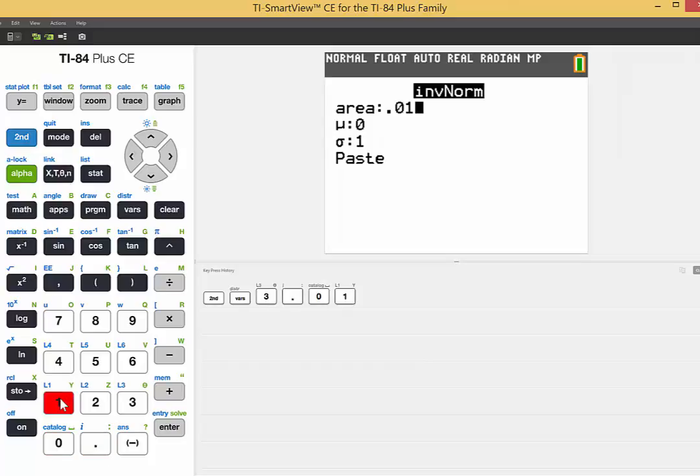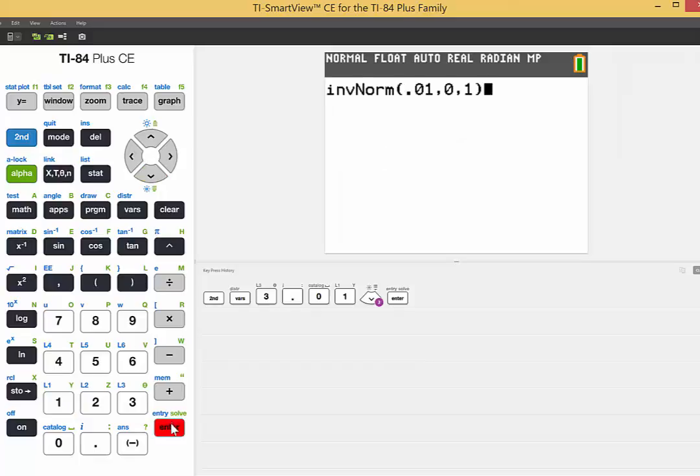That's alpha, and it is all concentrated in the left tail. So what we're finding is the z-value associated with that spot where 0.01, or 1%, of the area has accumulated. We'll leave the mean at 0 and the standard deviation at 1. And then we'll cursor down to paste and hit enter.